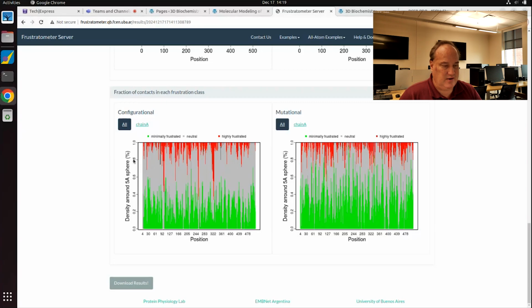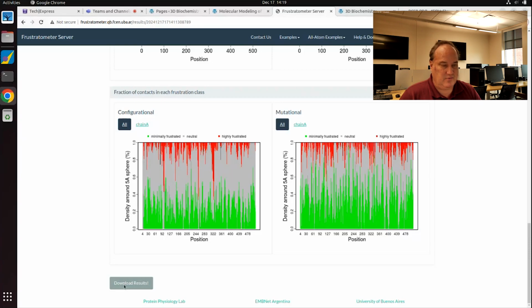If we draw a line right about 0.8, that's 80%. Well, it's actually 20% highly frustrated. So if we draw a line right across here, we can see it goes above 20% several times. And we're interested in mainly these clusters of residues that are highly frustrated.